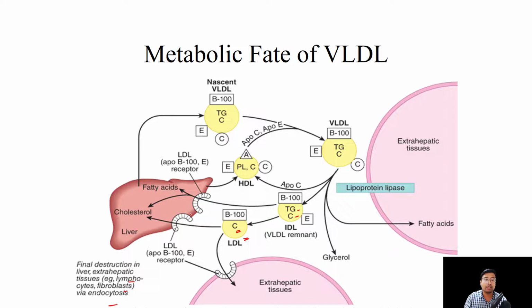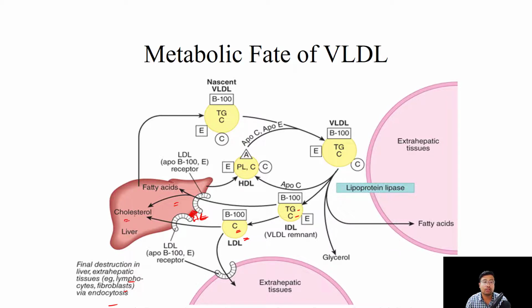And over there, the hepatic lipase, you can label over here, give a small square, write HL, just like the figure of chylomicron. It helps in degradation of the TG into fatty acid and cholesterol, or in case of LDL, the cholesterol simply gets detached.